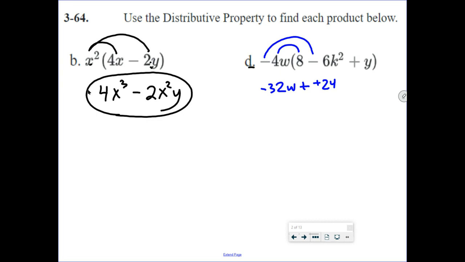Or you can change it to plus negative first, and then I do negative 4 times negative 6, which is positive 24, k squared w, plus negative 4wy. So that should be your answer: negative 32w plus 24k squared w minus 4wy. Cool. Hopefully you got it right.